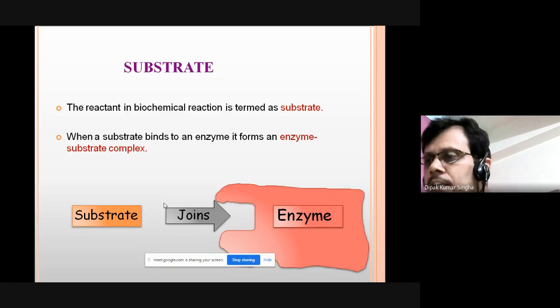So the substrate and enzyme join together, just like a key and lock, or like some pockets with definite shapes which bind with a particular substrate. These shapes are predefined, and only a particular substance can bind with the particular enzyme. That means the catalytic reaction will be done.